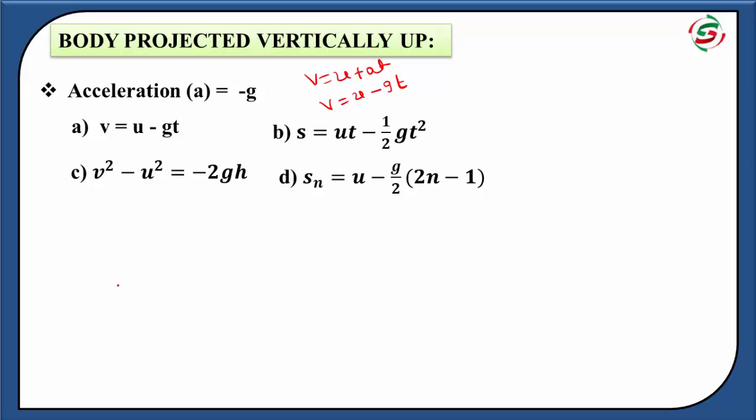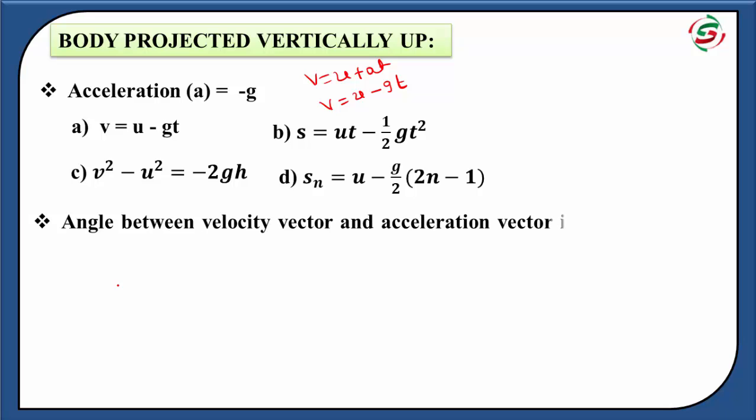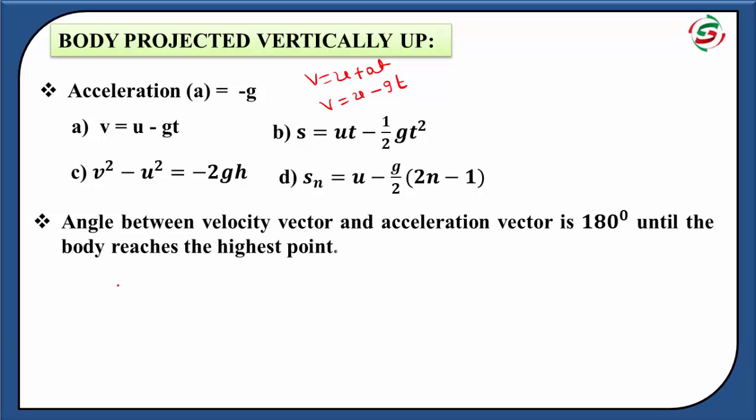Gravity means the force experienced on the body due to the surface of the earth, that is called gravity, right? These are the important formulas to solve problems based on motion under gravity. And the angle between the velocity vector and acceleration vector is 180 degrees until the body reaches the highest point.